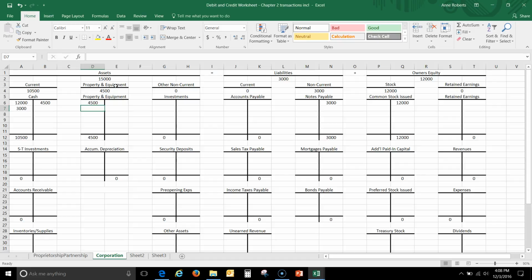But we pay the $1,200 in advance, then we will use it up as the months pass by. So keep in mind, accrual-based accounting says that we have to record the expense in the period in which it's incurred. So on the day that we actually pay the insurance company, there is no expense incurred.